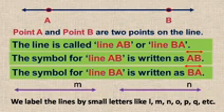Students, in symbolic form, line AB is written by simply writing AB and putting a line over A and B with arrows on both ends. Similarly, the symbol for line BA can be written. We label lines by small letters like l, m, n, o, p, etc.